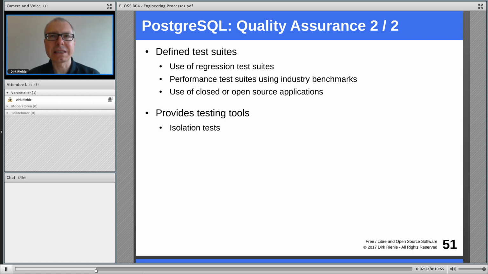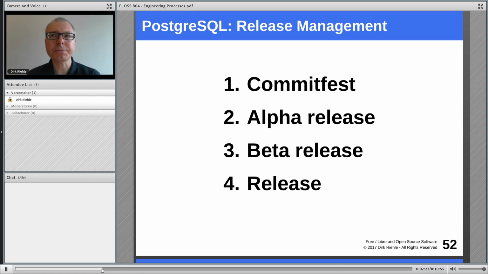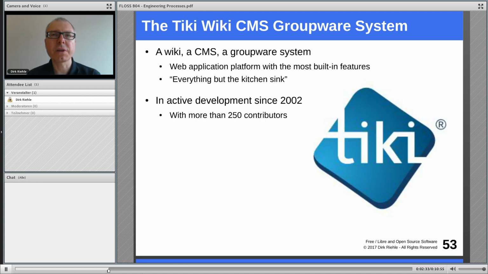So these ultimately serve as benchmarks and integration test suites to identify any potential problems. This is the release process. You try to catch up with a Commitfest, have your alpha and beta release, and ultimately the final product release.